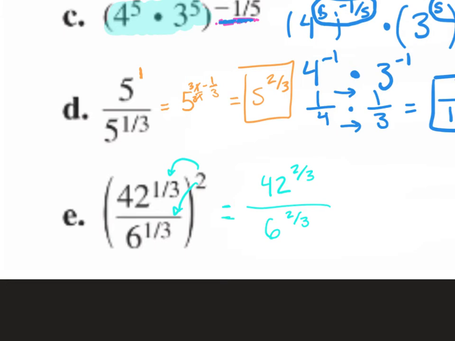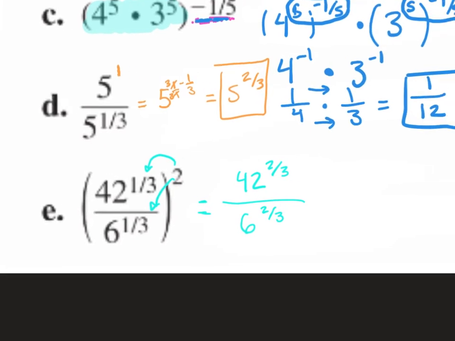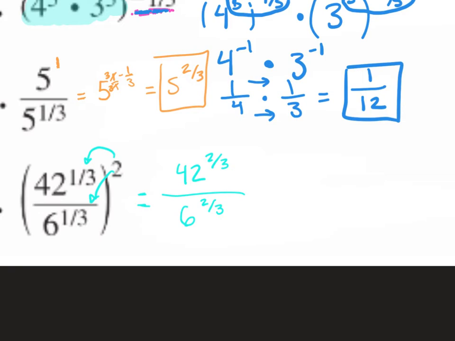Because just like how we distributed this 2 to both of them, we can distribute this 2/3 to both of them and get this. So we kind of just went a step backwards and pulled it outside. Can we simplify 42 over 6, the inside of our parentheses here? 7 over 1, so just 7. So 7 to the power of 2/3.